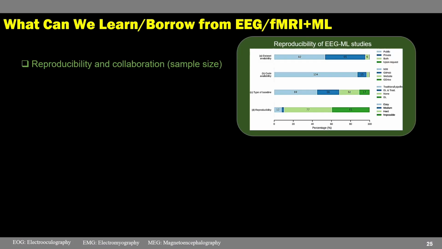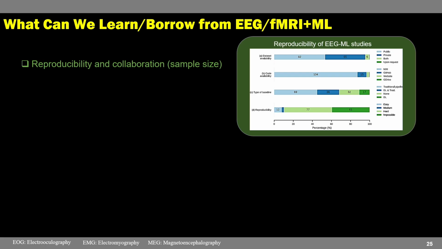Okay, so what can we learn and borrow from EEG and fNIRS? Especially for brain disease diagnosis, we have a very small sample size. That may make the prediction look good, but whether it can really be used in the clinic or not is the main issue. In the EEG case, they have a lot of datasets that are open source.